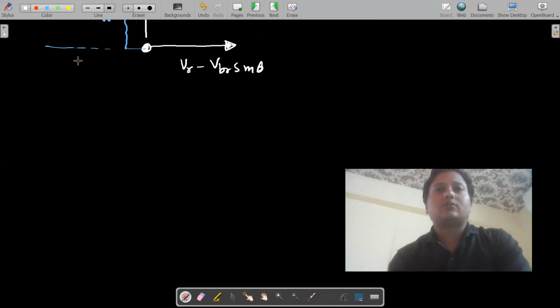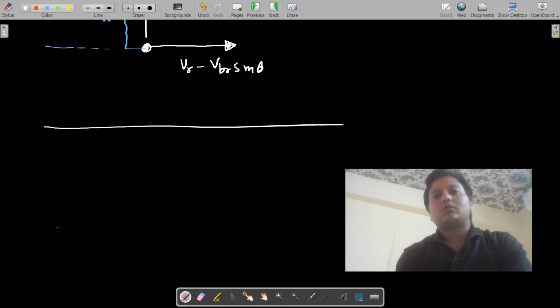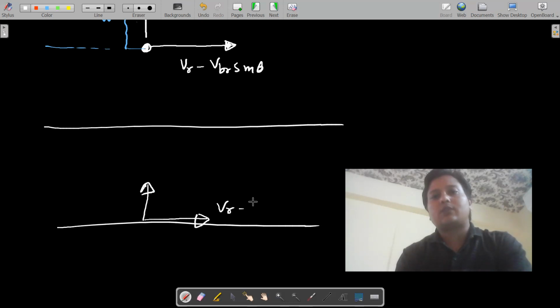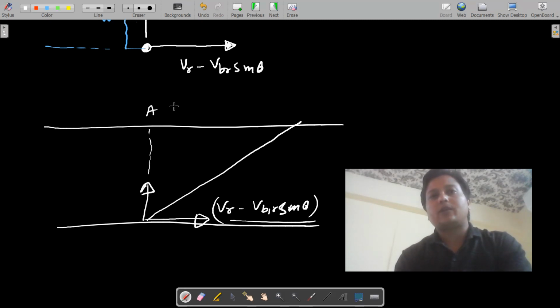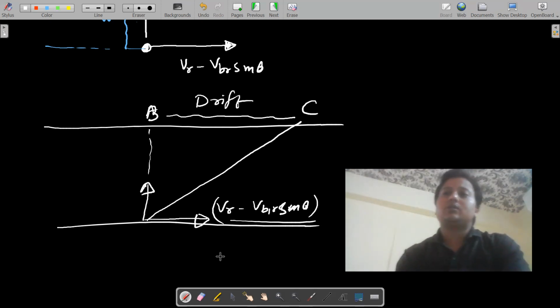Now we have components along the bank, Vr minus VBR sin theta, and this component will drift the boat from B to C, and this distance is called the drift, and we have to minimize this distance.